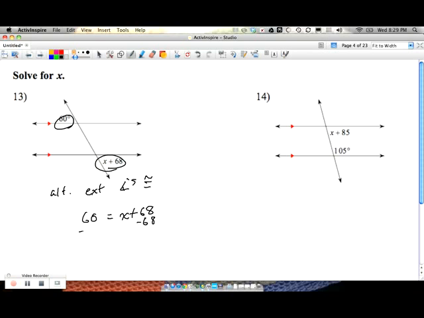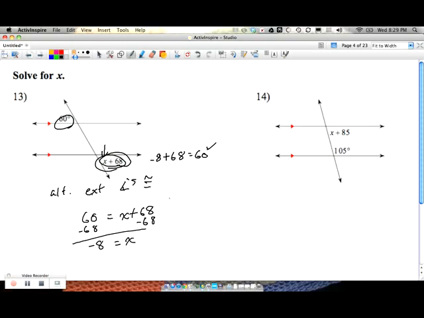Now this is kind of weird because when we subtract 68 from both sides, we're going to get negative 8 equals x. And when you think of geometry, negative answers don't tend to make sense. Well, the x is negative, but the entire value of this angle, negative 8 plus 68, is still going to be positive. If I plug it back in and check, it is indeed the same as the other one.